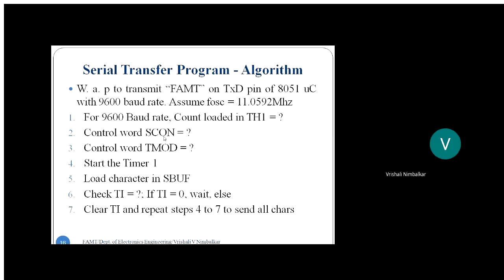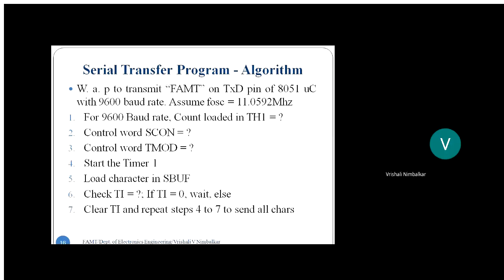FAMT will be sent as 8-bit ASCII codes, and the baud rate is decided by the programmer, so it's a variable baud rate. So it is 8-bit UART, and we should keep the microcontroller in mode 1 serial communication. Accordingly, we find the control word for SCON. Then we find the control word for TMOD, timer 1, mode 2.